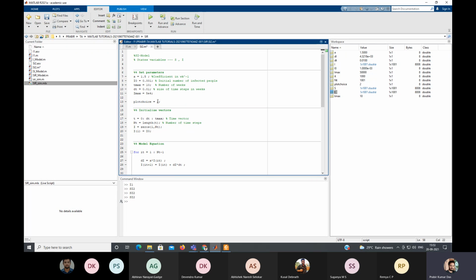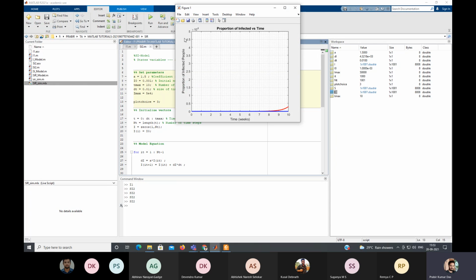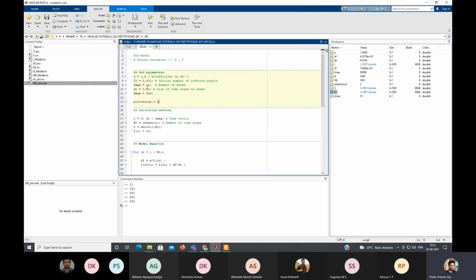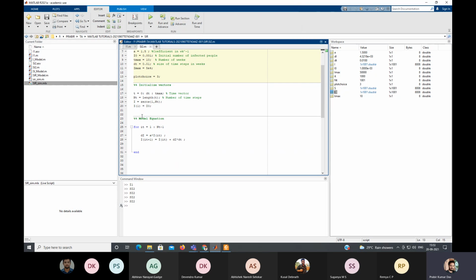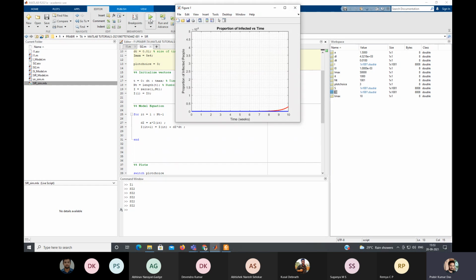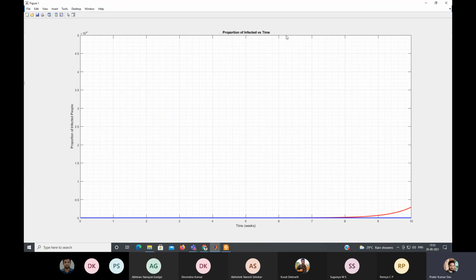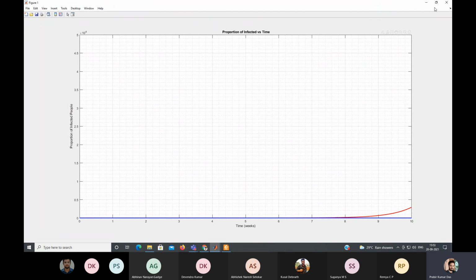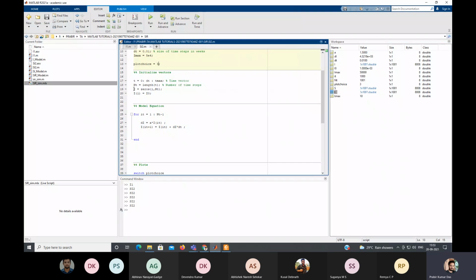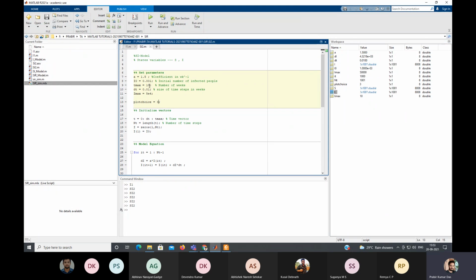Now if we plot this, the curve is generating, okay, but we cannot see it as our time axis is limited. So we can increase our time axis to 52, because we want to see a whole year.